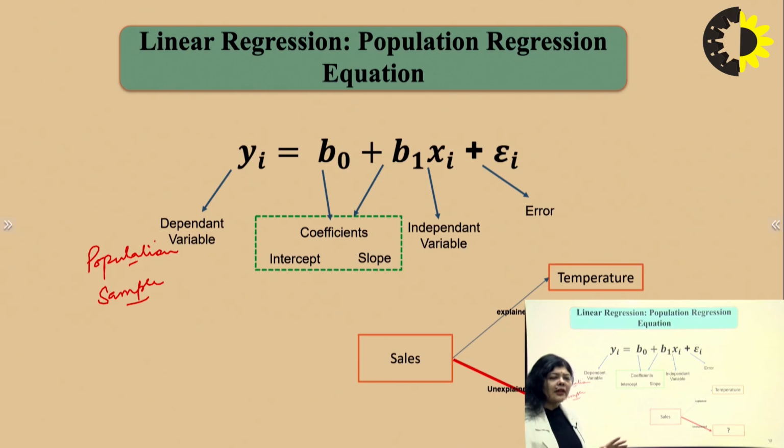Population actually represents the universe of discourse for a particular domain from where we are collecting the data, and it incorporates all of the values, the past values, the present values and the future values of that particular domain. So if I'm talking about a population, that means I'm talking about all the possible data values that can belong to that particular domain, right?